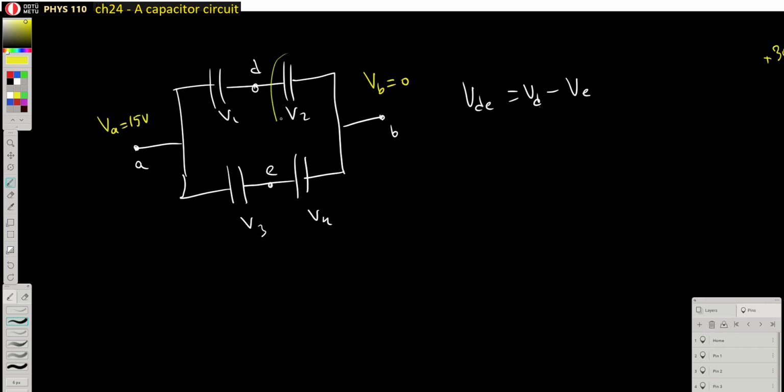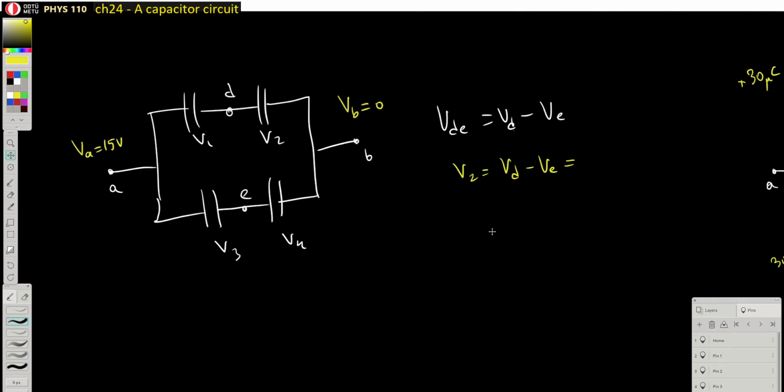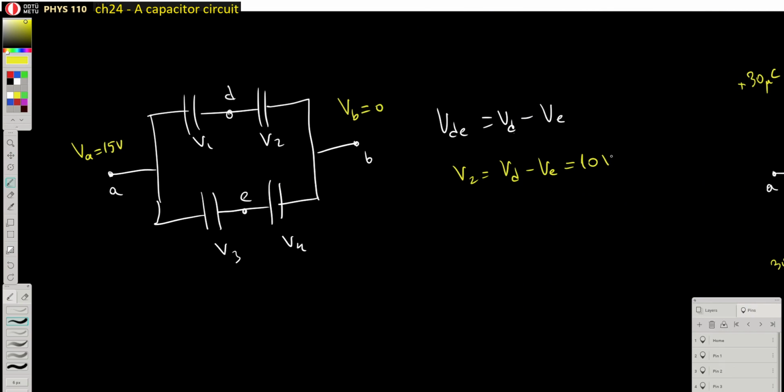You know that, for example, this V2 value, which is essentially the potential difference between the point D and point E, is, I forgot the value, 10 volts. Therefore the potential at D is equal to 10 volts.